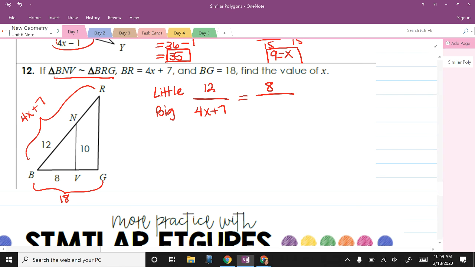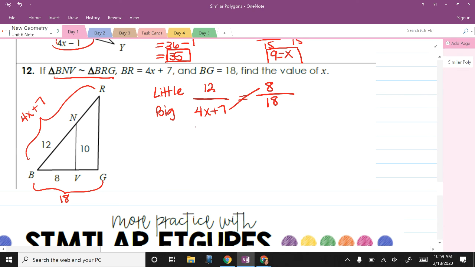BG, which is 18. So I have my little triangle stuff on top of my big triangle stuff. Y'all see that? So sometimes it helps me if I label my little stuff on top, my big stuff on the bottom, or my left triangle stuff on the top, my right one on the bottom. Okay? Cross multiply from there.